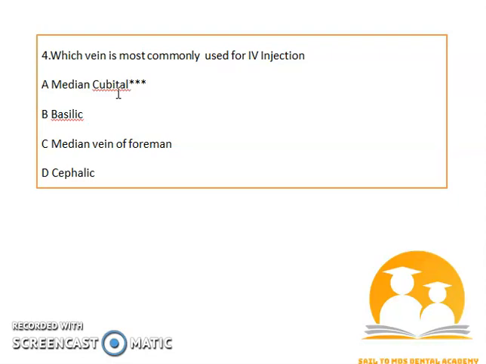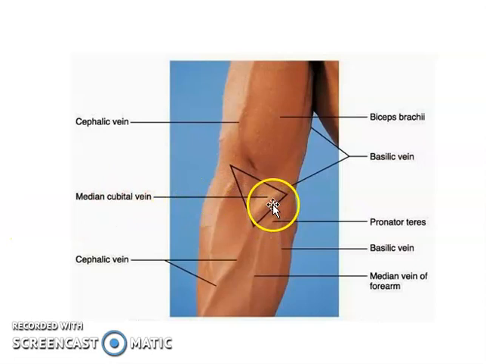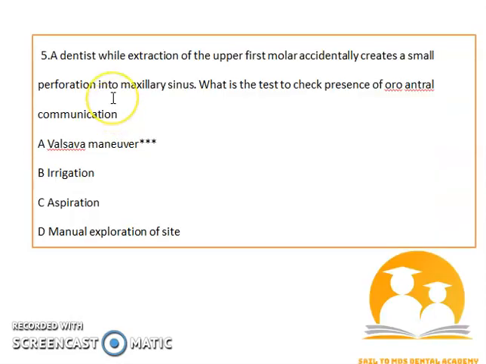Don't waste your time reading the options. Directly you can click the correct answer. That's why, whenever you are studying past papers, study the question and the specific answer. In this diagram you can see the median cubital vein. Then aspirants, we will see another question.